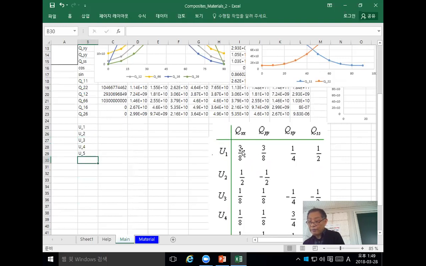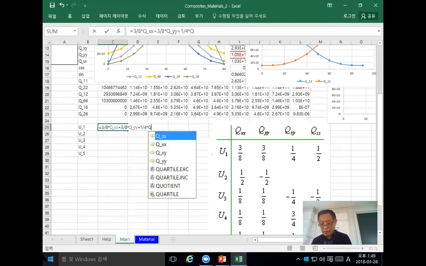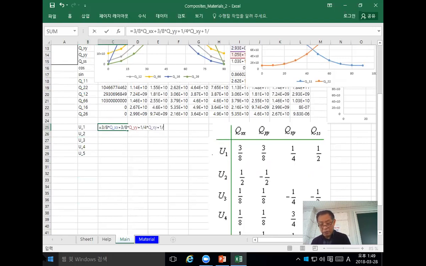Okay, so U1 from this table we can see is 3/8 times QXX plus 3/8 times QYY, from this table, and plus 1/4 times QXY plus 1/2 times QSS.